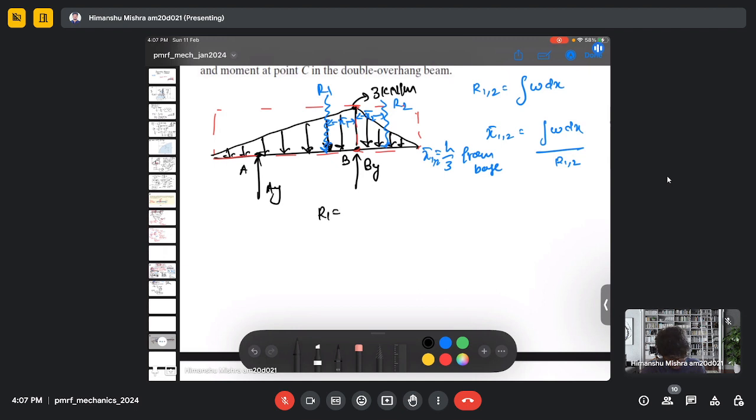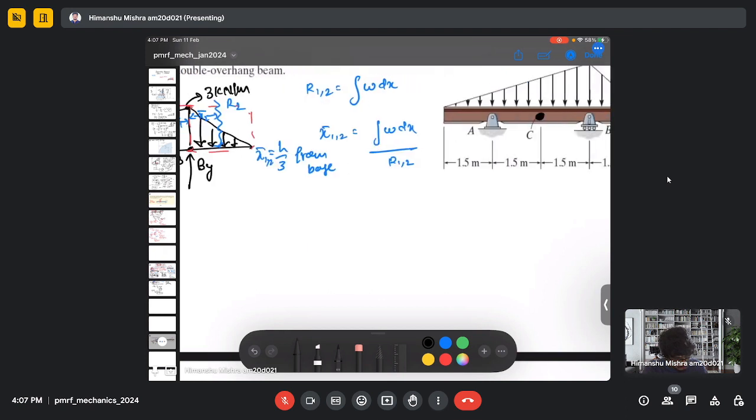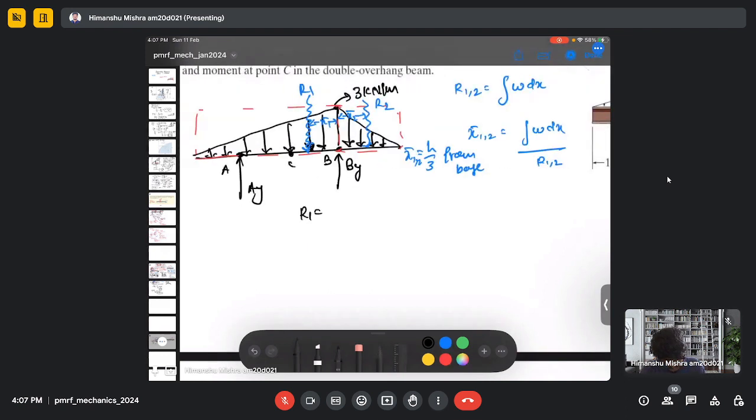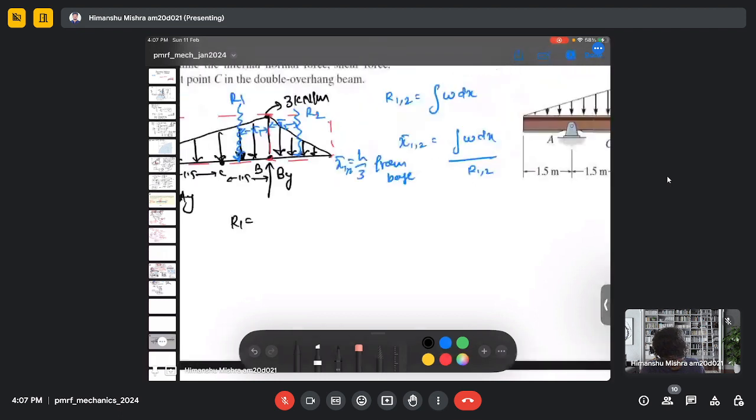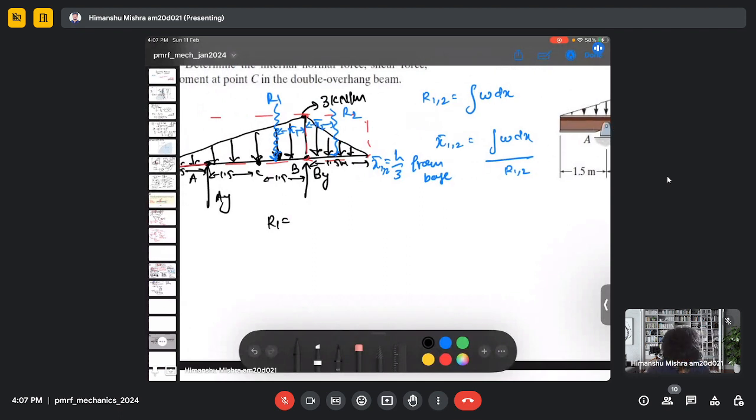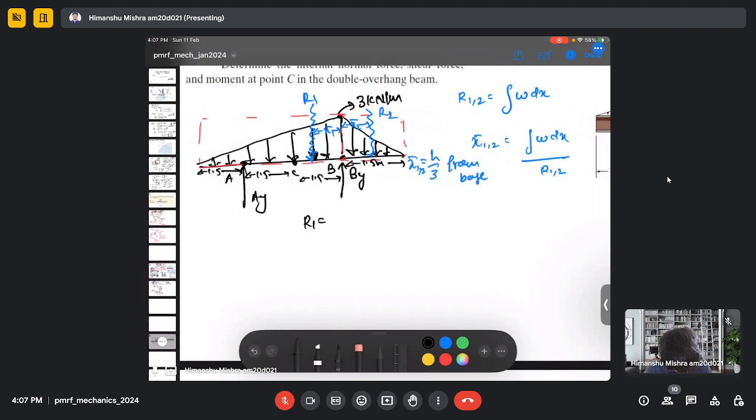So my R1 will be given as, so let's say this is my 1.5, 1.5 here, this is also 1.5. So my R1 will be this distance multiplied by this base, which is 3 kilonewton per meter. So my area will be 1 by 2, 3 multiplied by 1.5 plus 1.5.